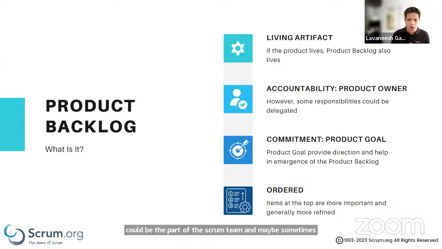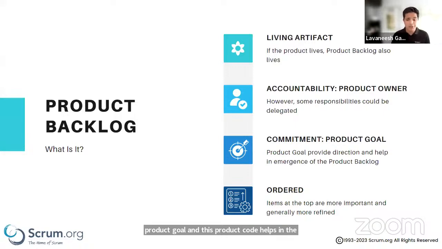Now, how does the product backlog get derived? It is derived by the commitment called the Product Goal. So our product backlog items are there to meet the Product Goal, and this Product Goal helps in the evolution and the emergence of the product backlog.